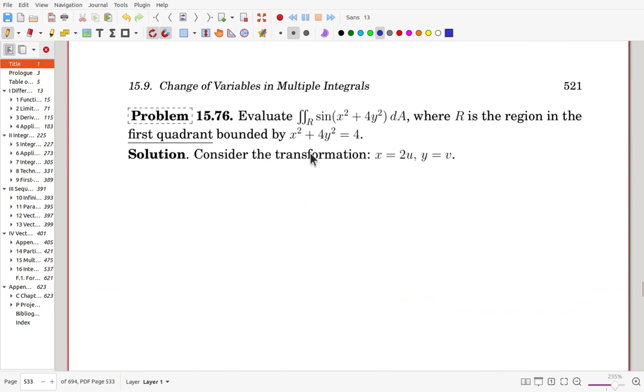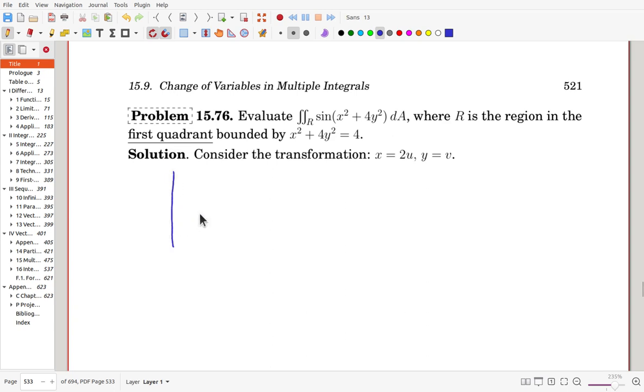Evaluate the double integral over R, where R is the region in the first quadrant bounded by x squared plus 4y squared equals 4. Now, first let's visualize the region.